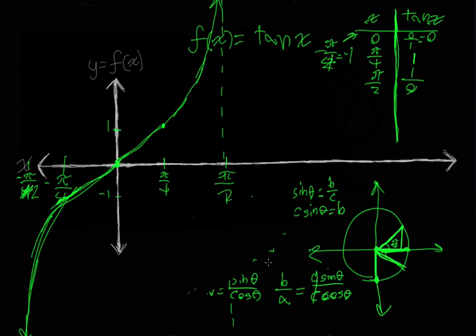An asymptote basically represents what the slope of a function approaches. If you're familiar with calculus, you'll see this is getting steeper and steeper until eventually it's just going straight up. That's the idea. You're just getting to infinity. You're getting this 1 over 0. This is just undefined.